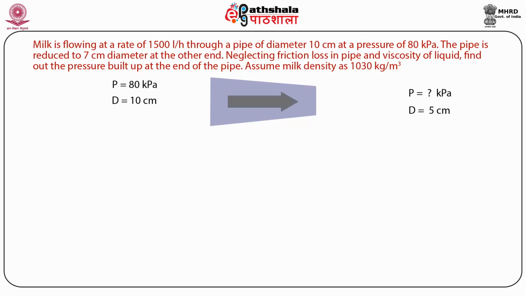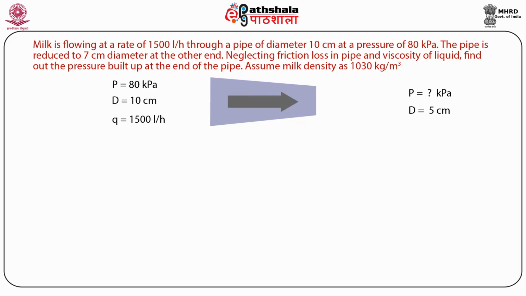The pressure at the left side is 80 kilopascal and the discharge is 1500 liters per hour. It is asked that when the pipe is reduced to 7 cm diameter on the right side, what should be our pressure?